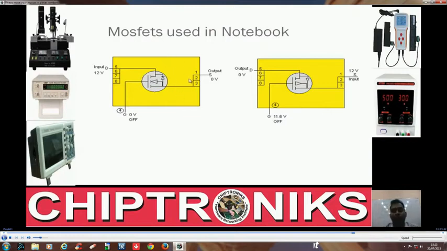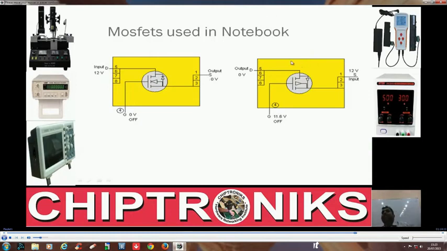So when we want to use this MOSFET as a diode, the input is connected to the source and the output is connected to the drain. But the normal operation of an N-channel MOSFET is that the input is connected to the drain and the output is connected to the source.